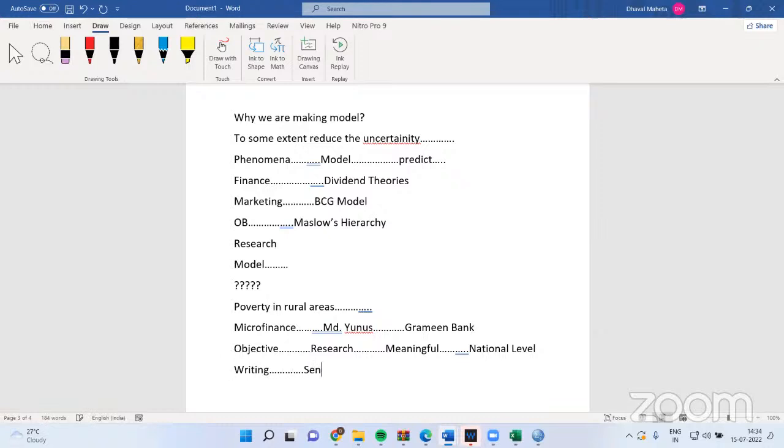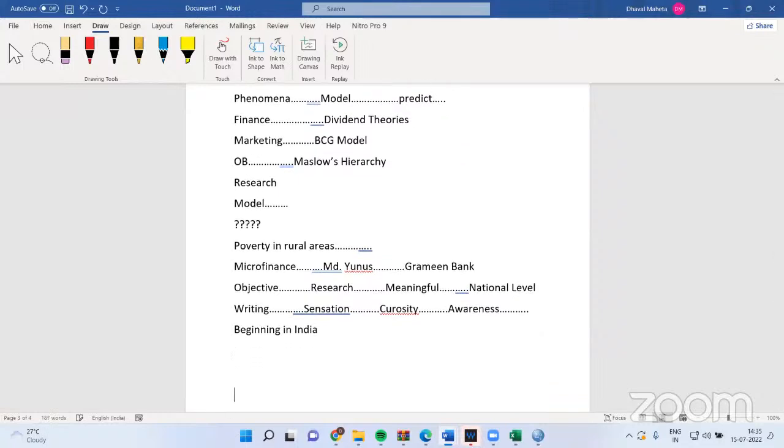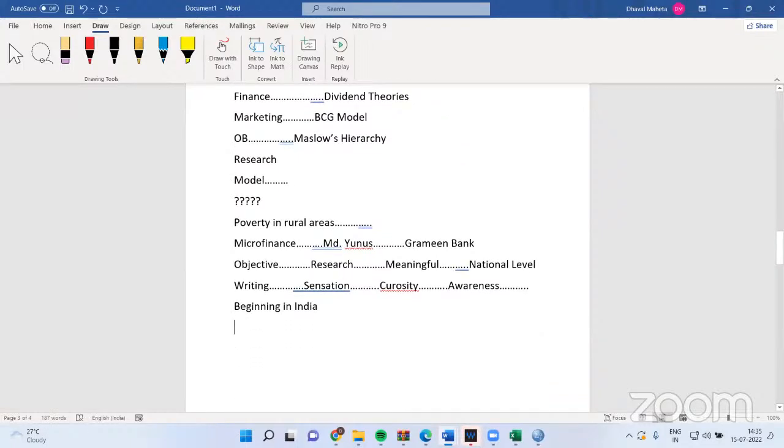I'm not saying sensation in terms of Bollywood celebrities. Some sensation, some curiosity, some awareness, which can bring a new beginning in India. Is it clear? Shall I proceed further?